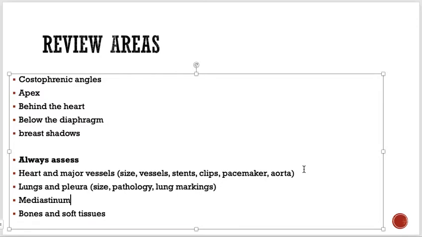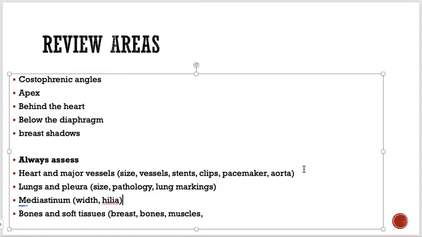And in the mediastinum, you can check the width of the mediastinum. You have to check the hilia, right? Simply. And in the bone and soft tissue, you can check for the breast, you can check for the bones, you can check for the muscles.